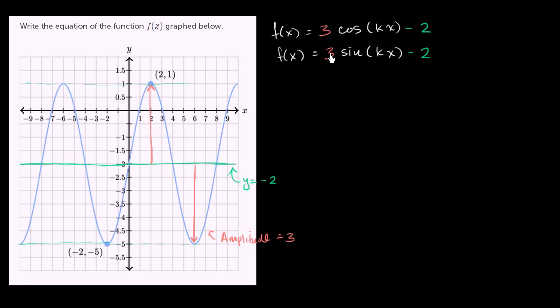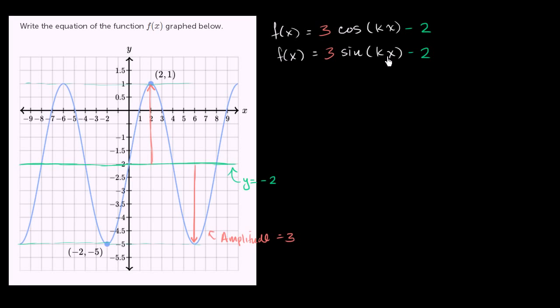Well, let's just think about the behavior of this function when x is equal to 0. When x is equal to 0, if this is kx, then the input into the cosine is going to be 0. Cosine of 0 is 1, whether you're talking about degrees or radians. While sine of 0 is 0, since k times 0 is 0.